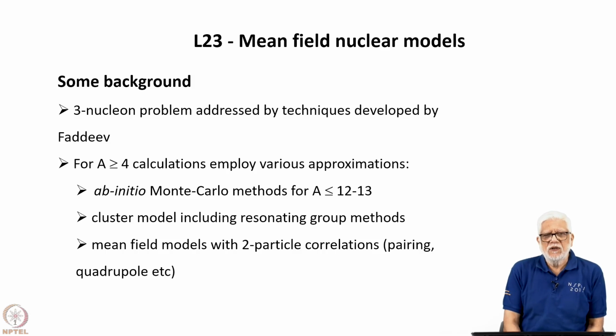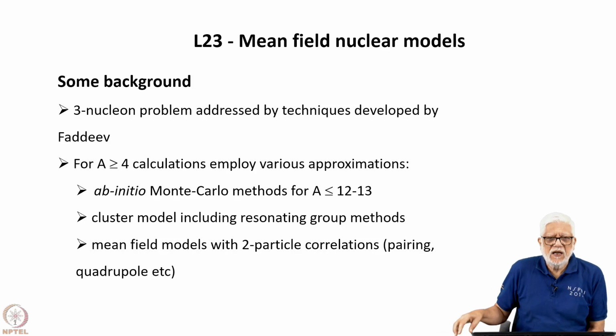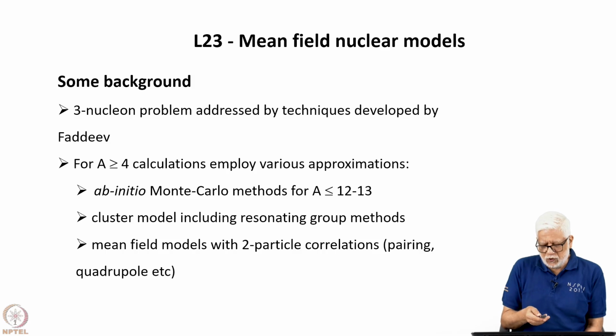And then you put in certain other effects which you see from experiments, namely the two particle correlations, quadrupole kind of correlations and so on, and those are put in by hand, and the parameters associated with these additions are varied to fit the data, and then of course you use them when you extrapolate to nuclei a little further off the stability line and so on.